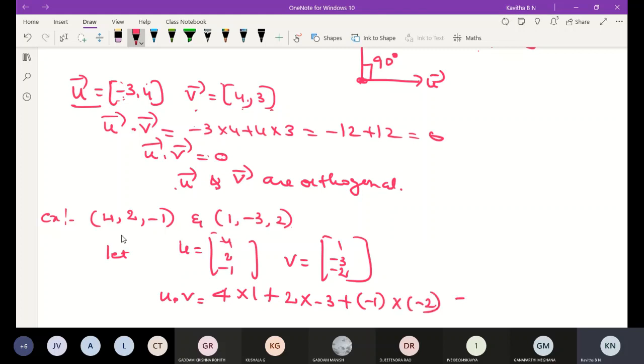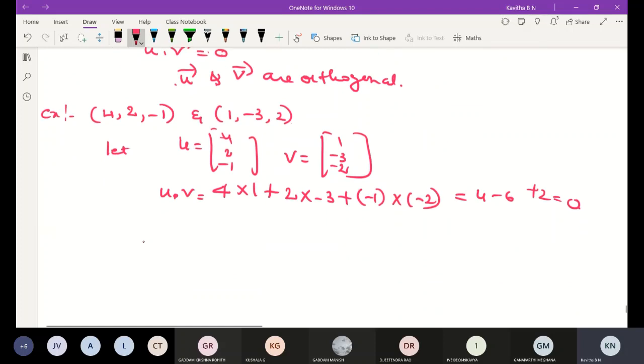Then 4 minus 6 plus 2 means 0. Here the dot product is 0.